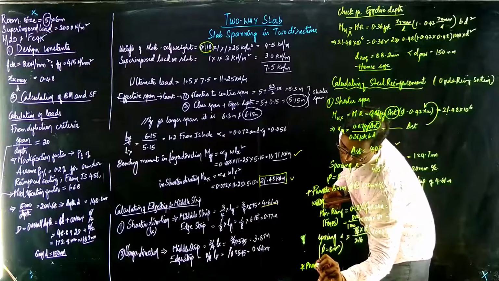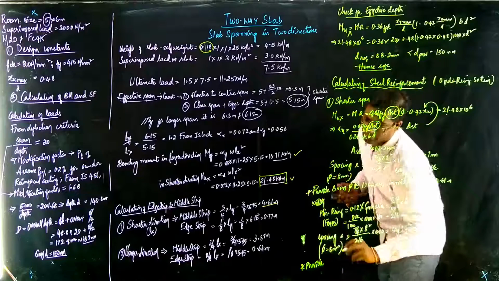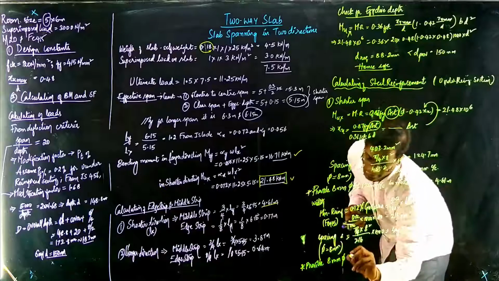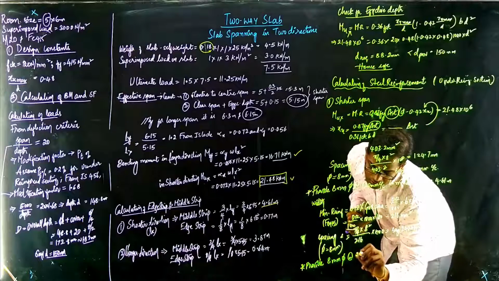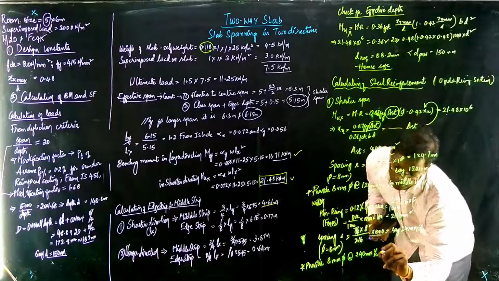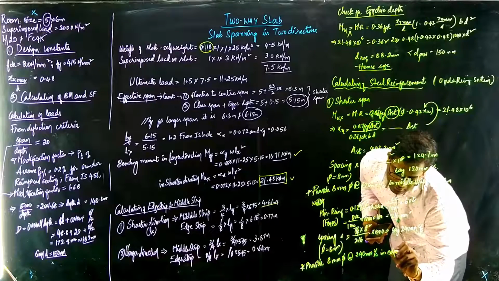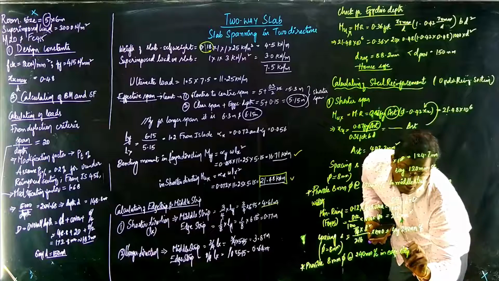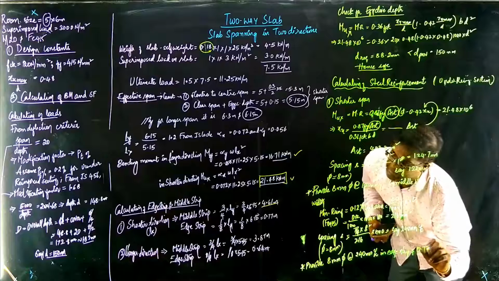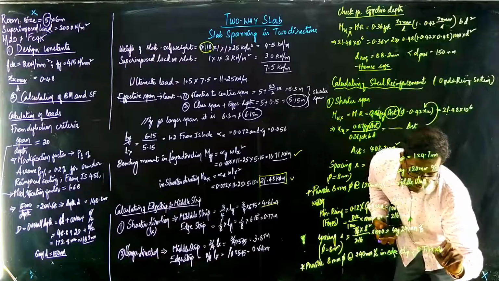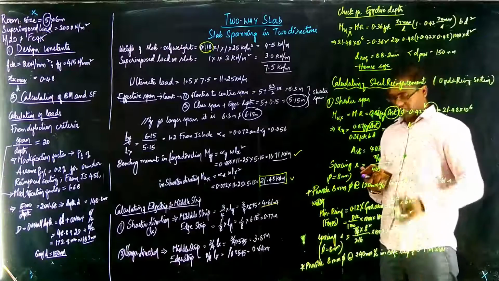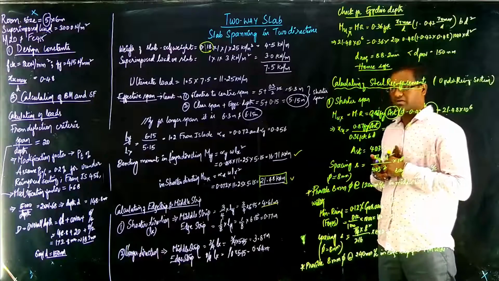Provide 8 mm dia at the rate 240 mm center to center in edge strip of 0.77 meters wide. For the similar calculation has to be done for long span, right?